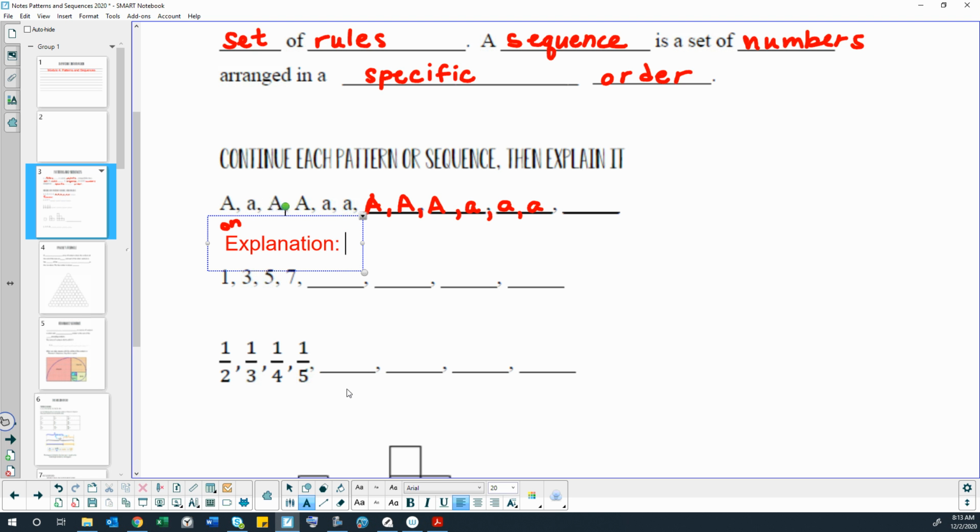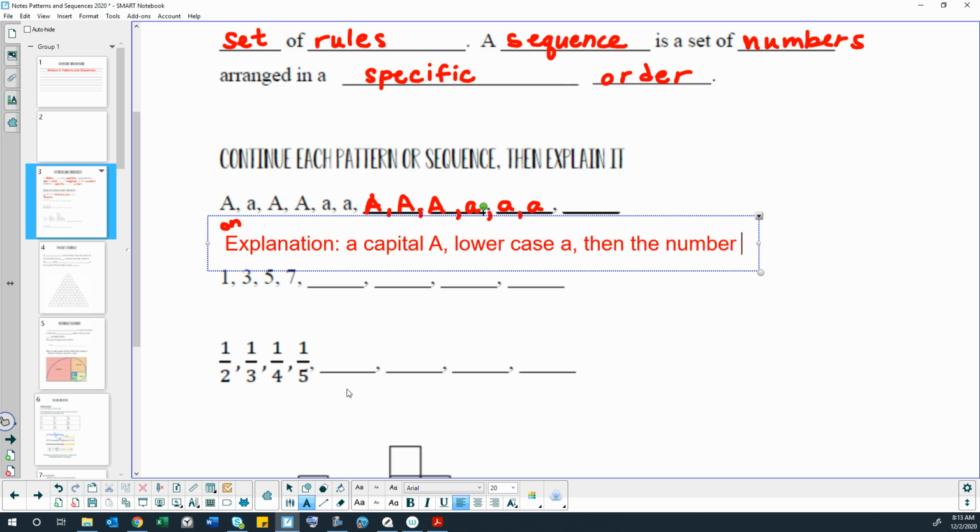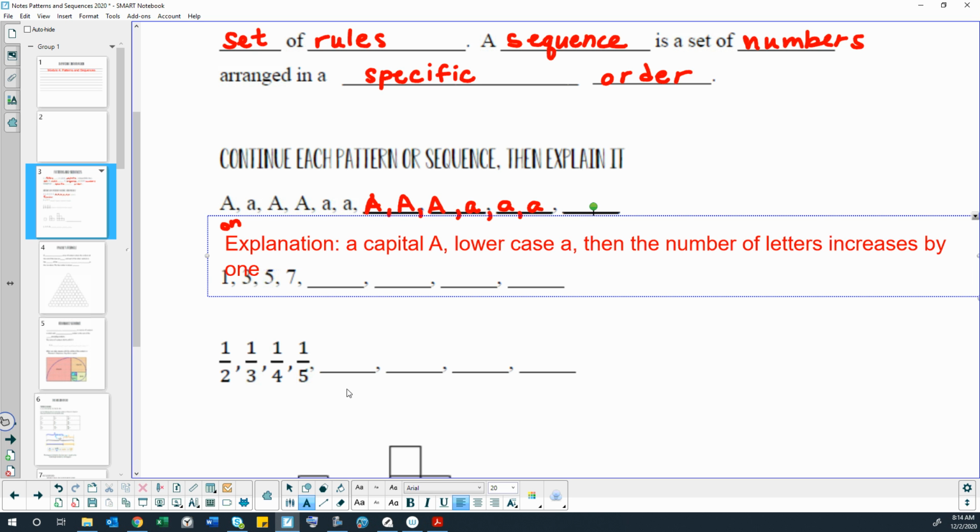So our explanation is that we would have a capital A, lowercase a, then the number of letters increases, there might be a better way to say this, by 1 more letter as the pattern continues.